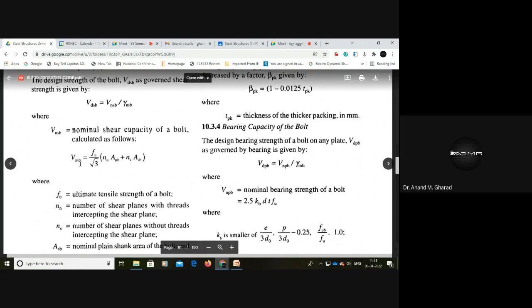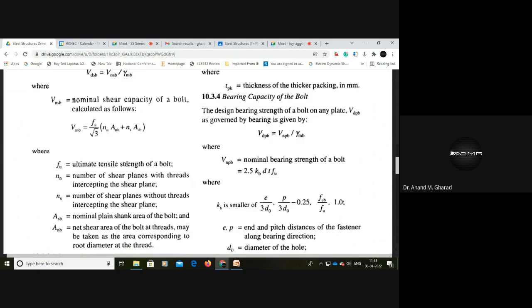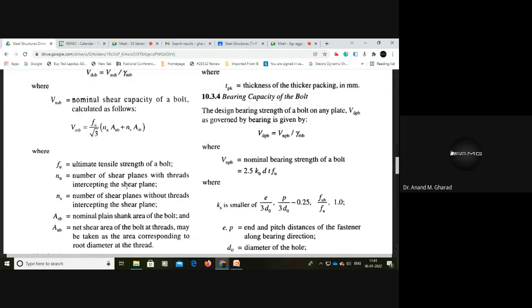But while finding this, we are supposed to consider these additional terms, that is Nn and Ns. What are these? Let's try to understand. Nn is the number of shear planes with threads intercepting the shear plane.